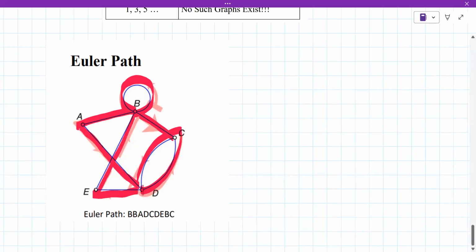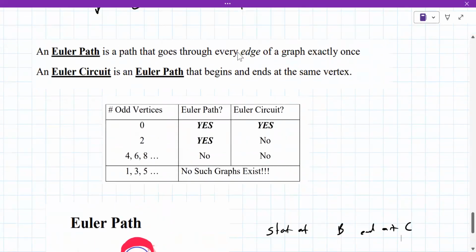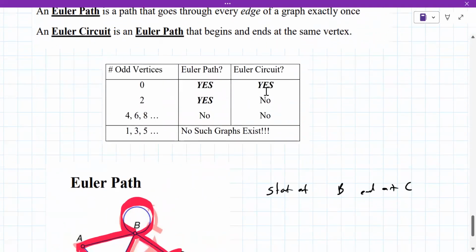But notice you don't finish where you start. You start at B, but you end at C. But it's a path. You hit every edge exactly once. So that means it has either 0 or 2 odd vertices.